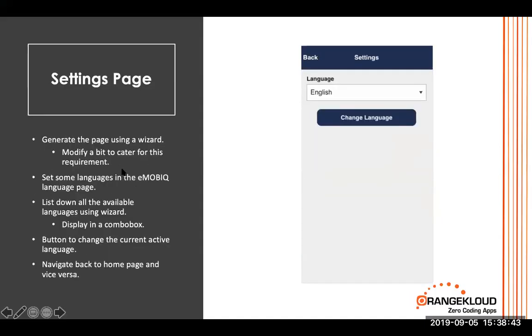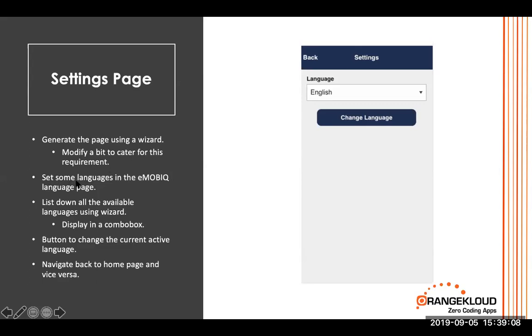So let's do the settings page. Okay, so what is the settings page? It's basically just for language, so that you can see that the platform itself can do different languages. So the steps again are written here, you can review, but let's go through quickly so you understand. So first thing, we need to create the page by generating the page from a wizard and modify the cosmetic.